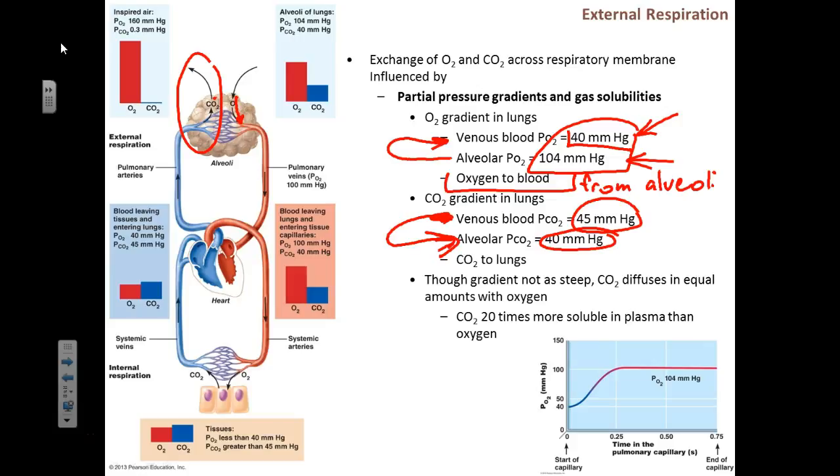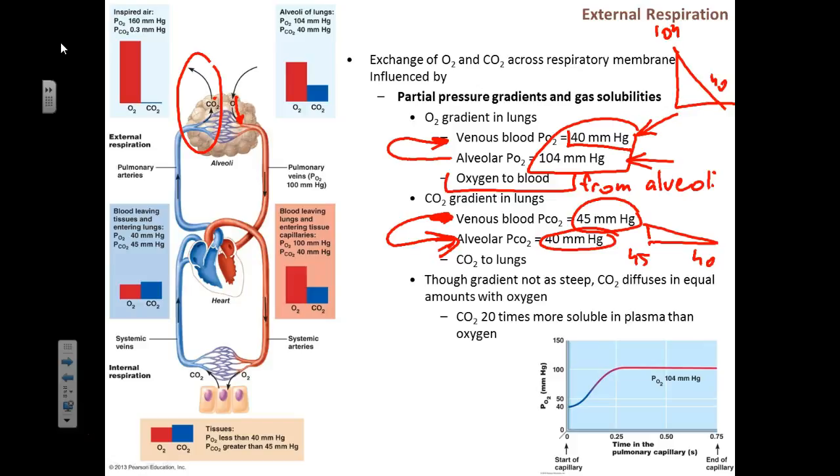So that's external respiration. Now, if you look at the gradient in the CO2 concentrations, it's not really steep, 45 to 40, compared to oxygen, which goes from 104 to 40. So it's much less steep. But remember, we discussed the solubility of different gases. Oxygen is less soluble than CO2.